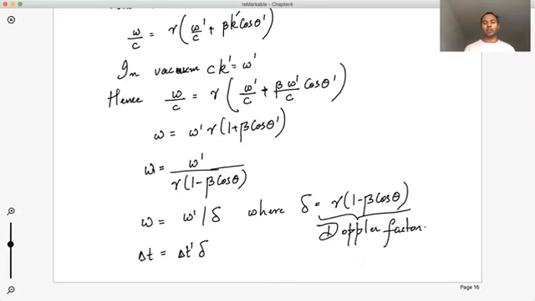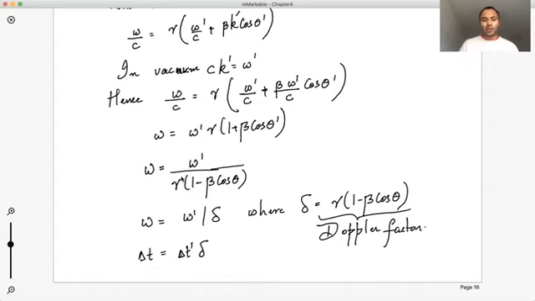So this would have just given you the standard Doppler shift without the gamma. Now there's an extra gamma here, and that purely comes from time dilation. There is no non-relativistic analog to having this gamma. It's a purely relativistic effect, and it comes just from time dilation. It comes from the fact that the clocks are running at different rates in the two frames.